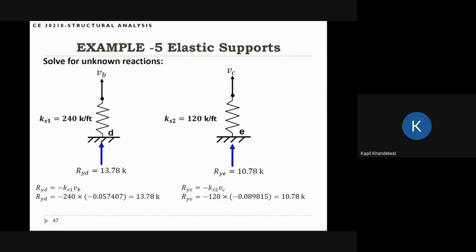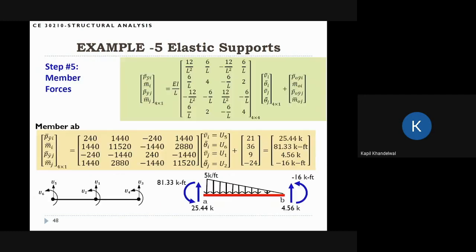This is the way we can calculate the unknown reactions for these two cases. With this, we can go and define the member forces, and the member force calculation is the same as for the other cases. For member AB, I have to use the correct stiffness matrix because I is equal to 2I.